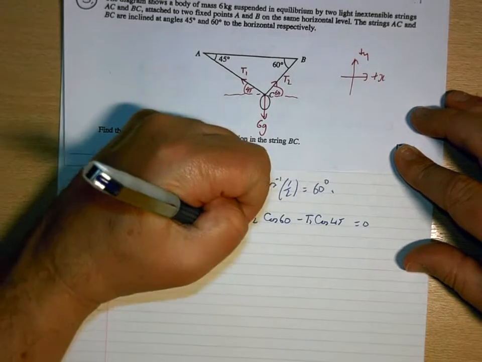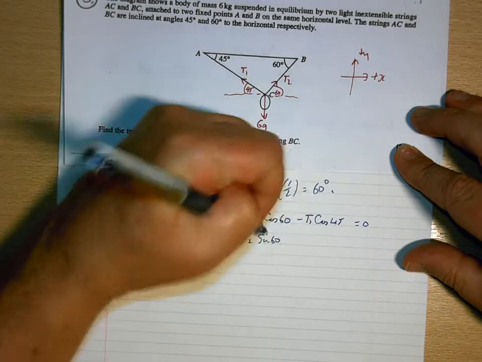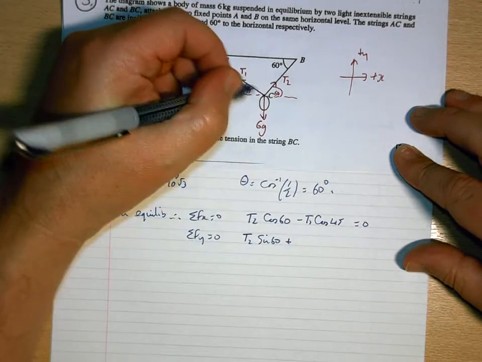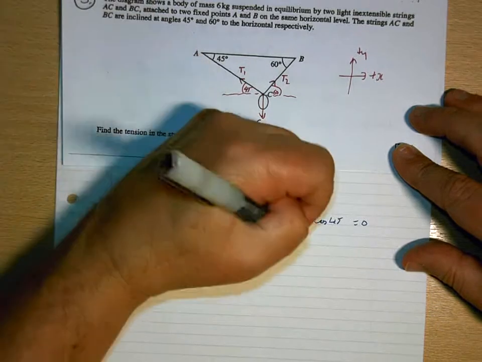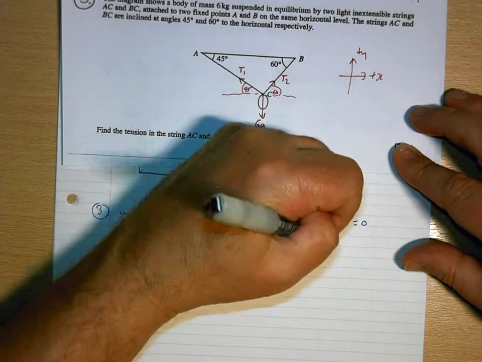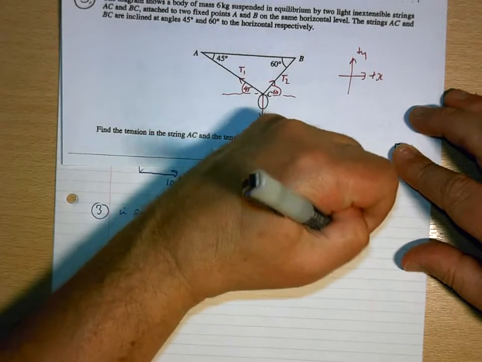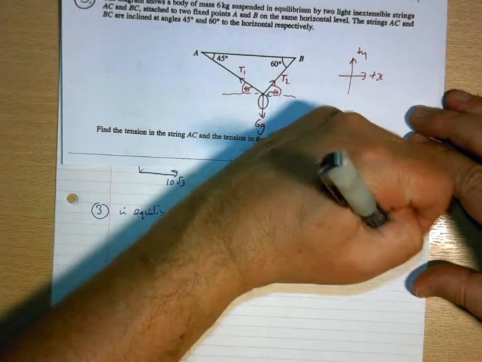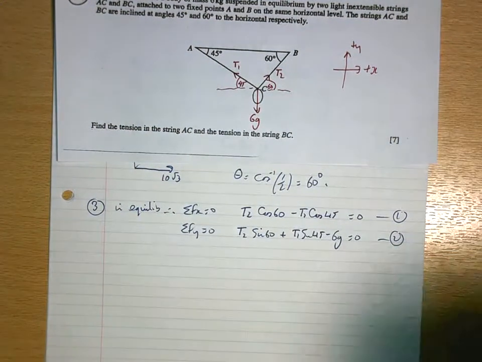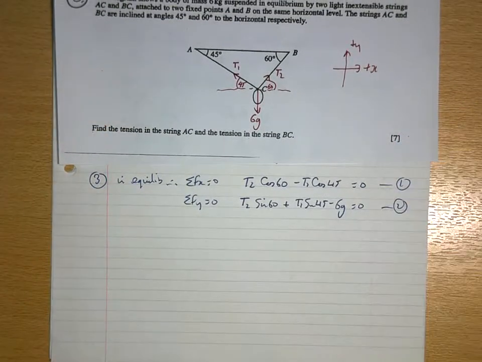And then in the y direction, I'm going to have T2 sine 60 plus, this time because both of those are pulling upwards, T1 sine 45 minus 6g equals 0. So you've done the work as far as the mechanics is concerned, so you know you've got the marks for those. Now you've got to deal with the algebra.